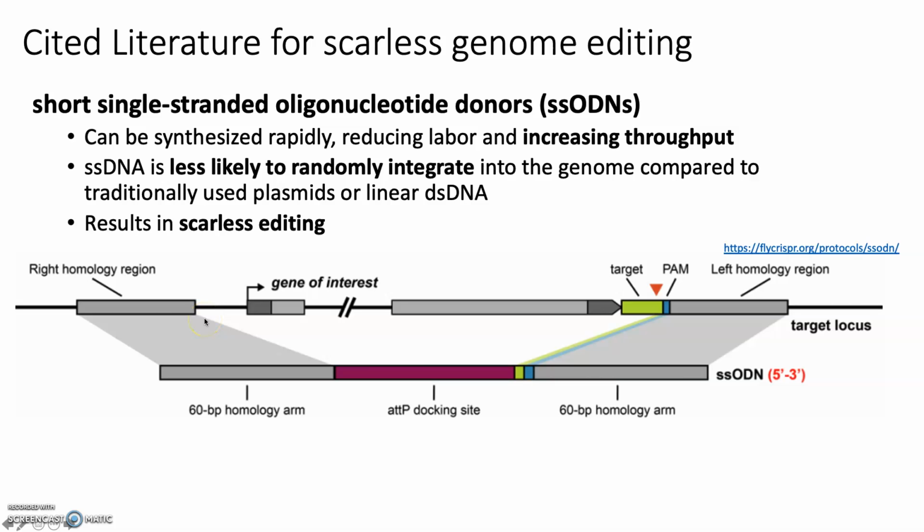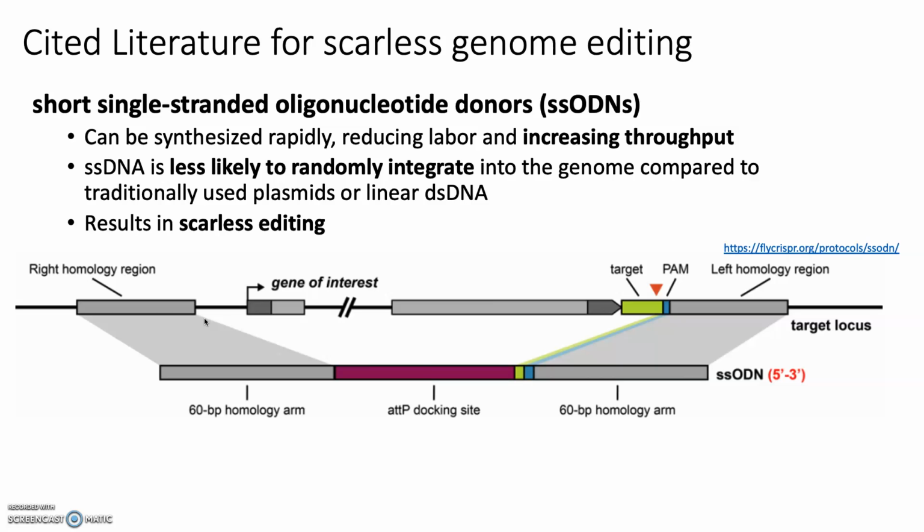So in terms of how they're going to get rid of scarring, they cited other papers mainly that specifically used short single-stranded oligonucleotide donors as their DNA fragment that houses the genetic information for CRISPR Cas9 proteins and the selection or resistance genes.